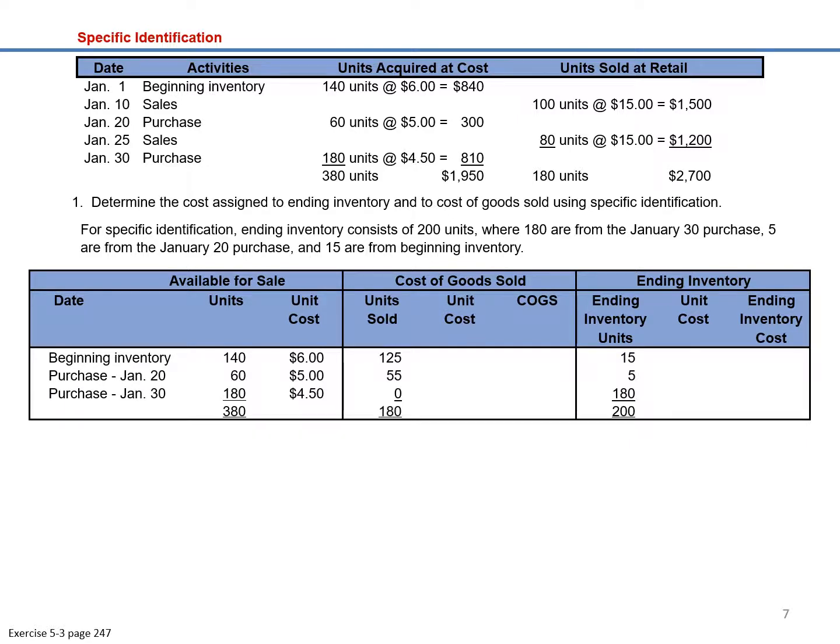So if you take each of those times the cost, it means we have cost of goods sold of $1,025. If we take each of those in ending inventory times the cost, it means we have $925 in ending inventory.